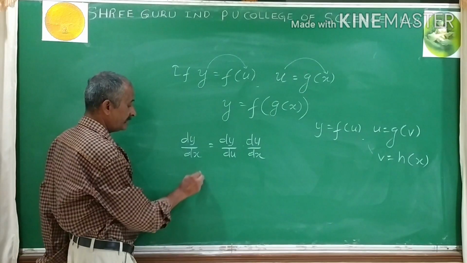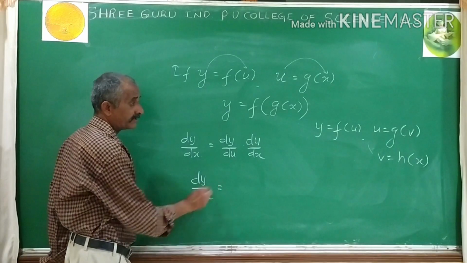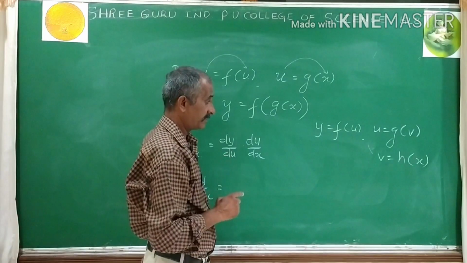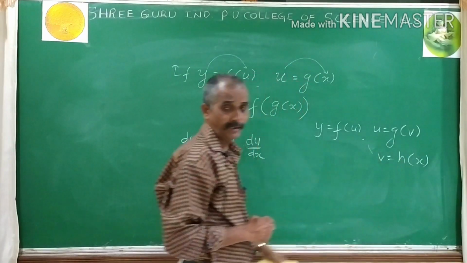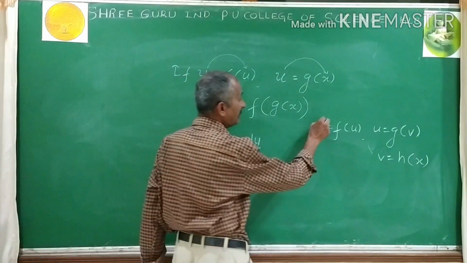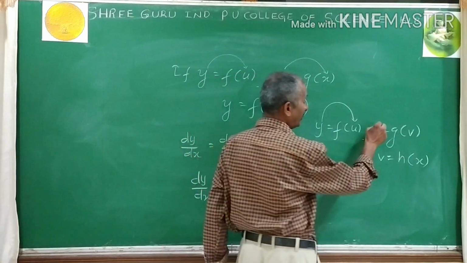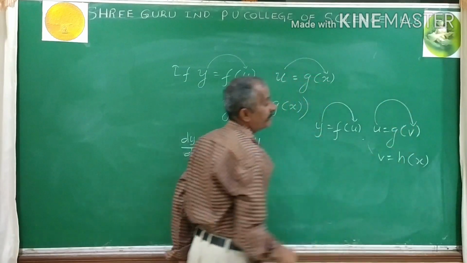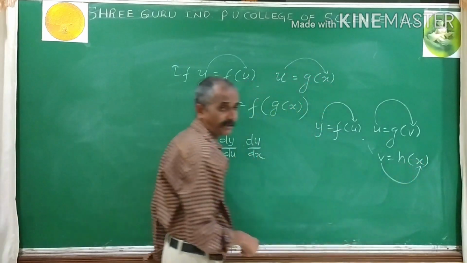Now, in this case, dy by dx will be given by, and you try to understand, there are totally three functions, namely f function, g function, followed by h function. Hence dy by dx will be given by the derivative of y with respect to u, followed by the derivative of u with respect to v, followed by the derivative of v with respect to x.